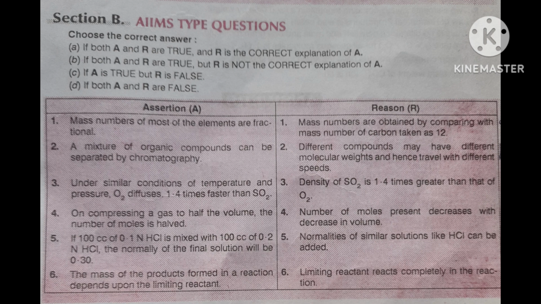Again, assertion: mass numbers of most of the elements are fractional. And the reasoning is given: mass numbers are obtained by comparing with the mass number of carbon taken as 12. Think of the answer.